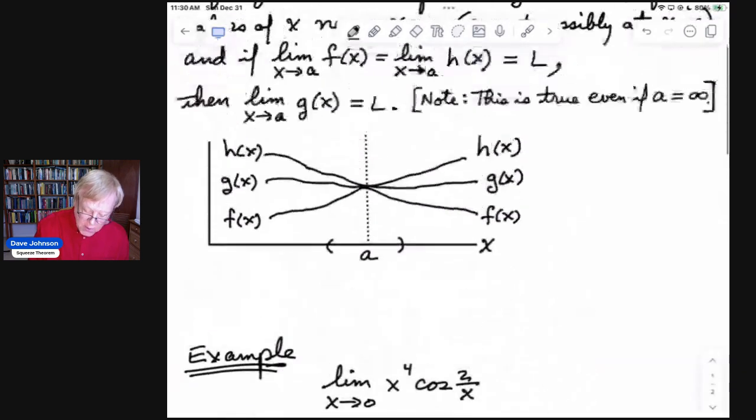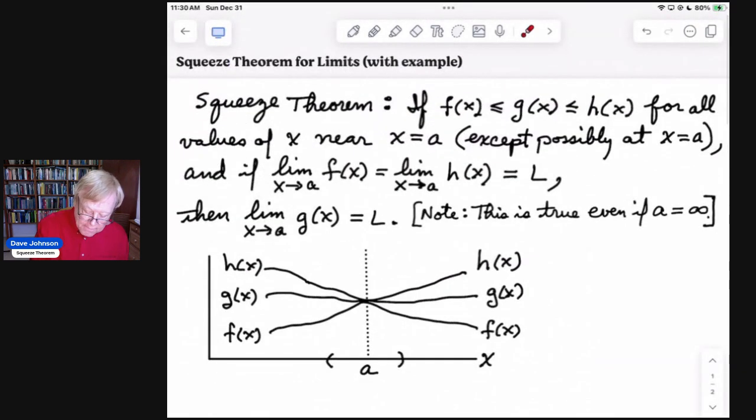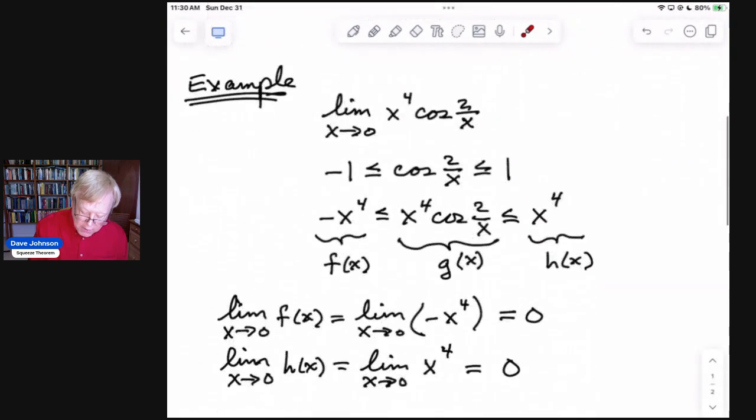And by the squeeze theorem, if the limit of the left function, the limit of f of x, is the same as the limit of the right function, this is f of x, this is h of x, if that limit is also the same, and we called it L here, but in our problem it's 0, so they are equal.